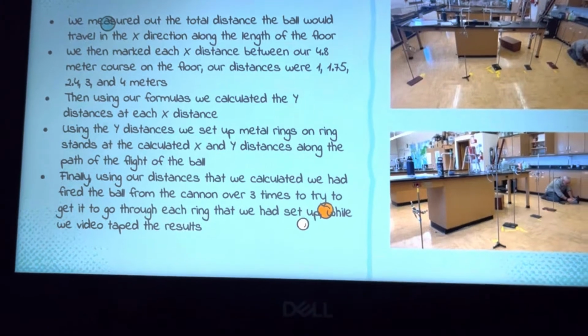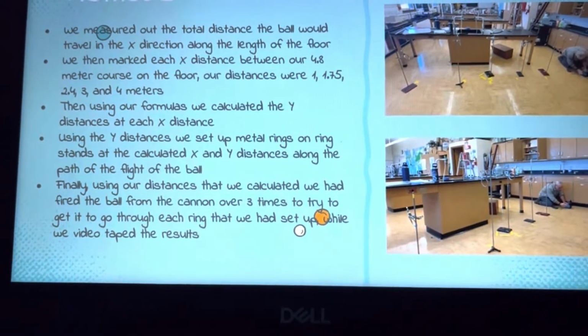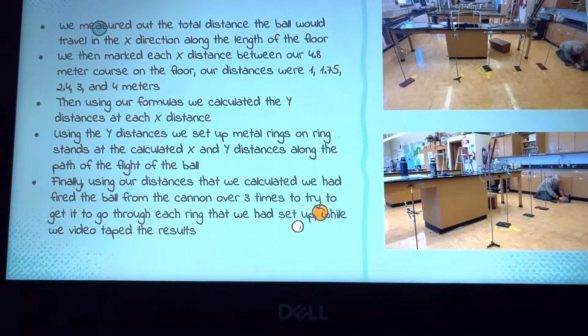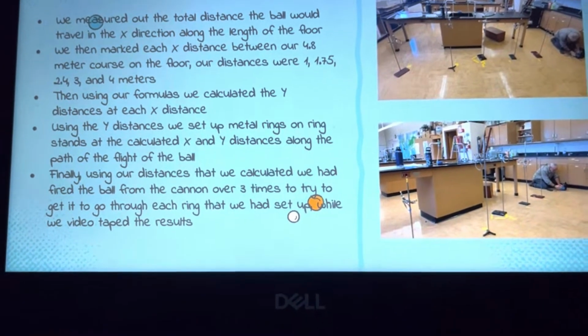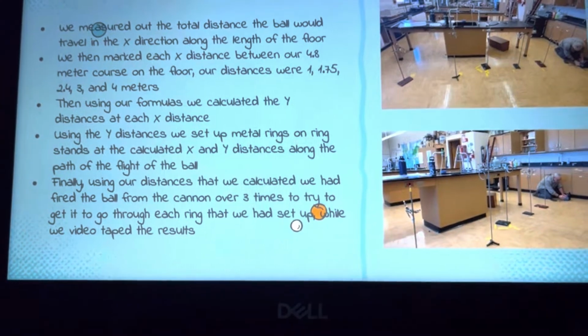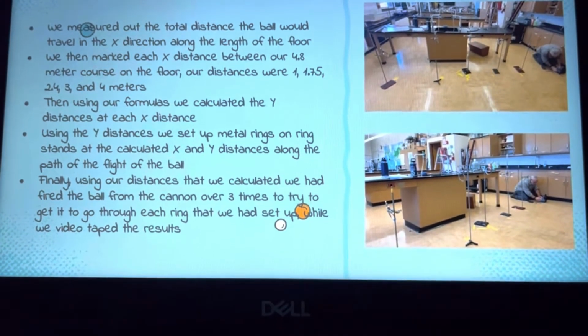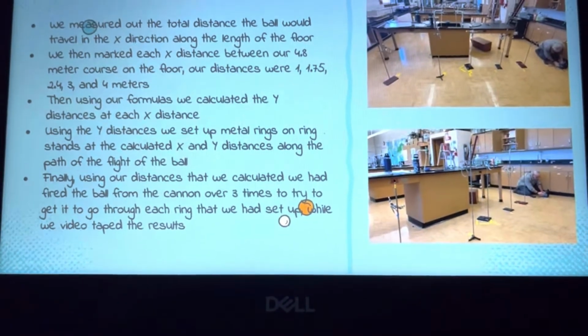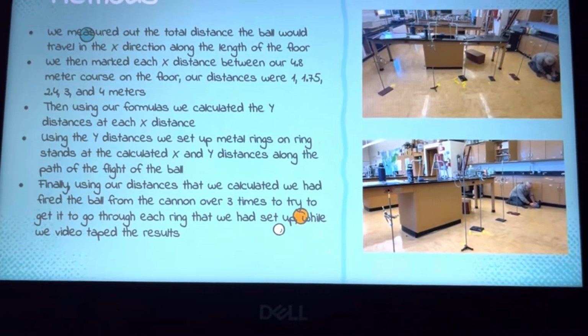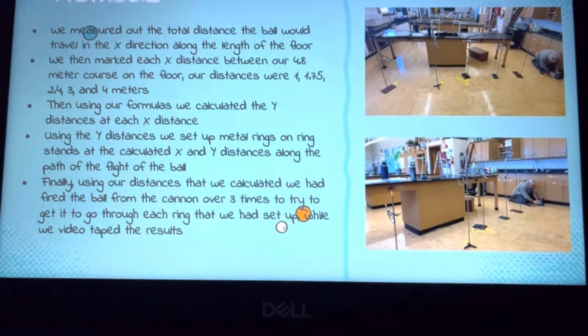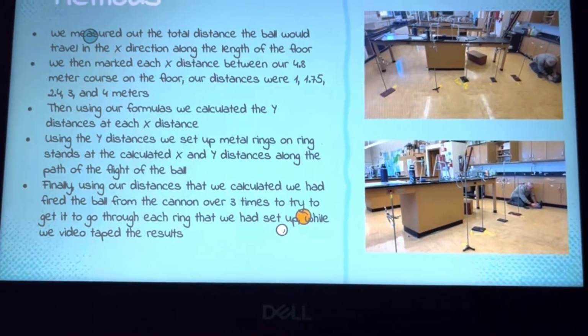Then, using our formulas, we calculated the y distances at each x distance. Using the y distances, we set up metal rings on ring stands at the calculated x and y distances along the path of the flight of the ball. Finally, using our distances that we calculated, we fired the ball from the cannon over 3 times to try to get it to go through each ring that we had set up while we videotaped the results.